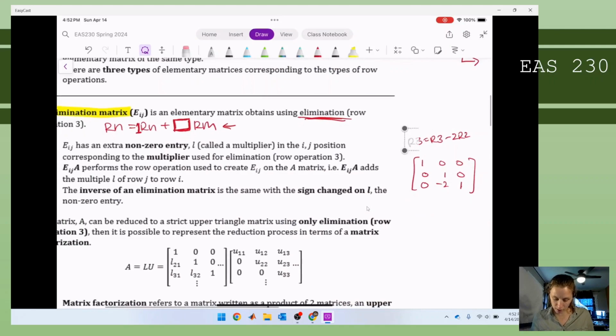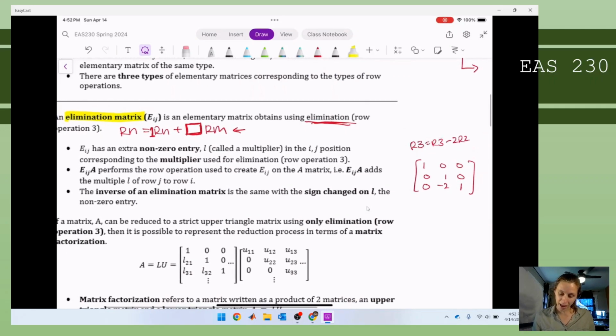And you'll notice my elimination matrix has an extra element. It has an extra non-zero entry called a multiplier that occurs in the ij position, corresponding to the multiplier value that I use in my elimination step.